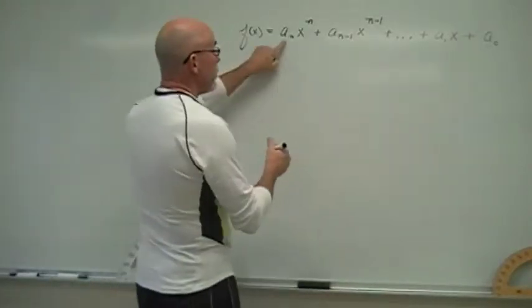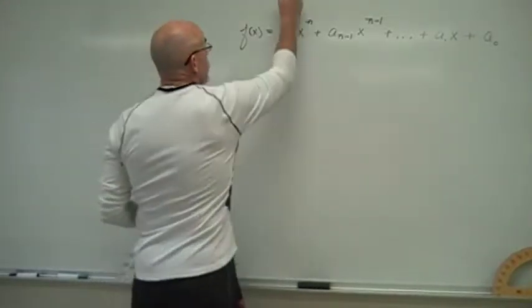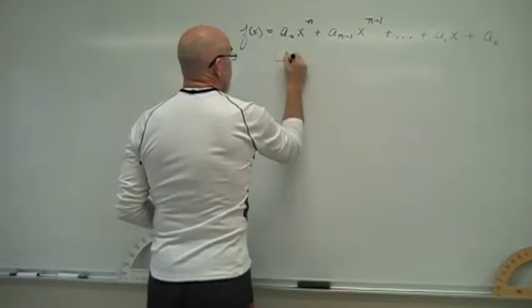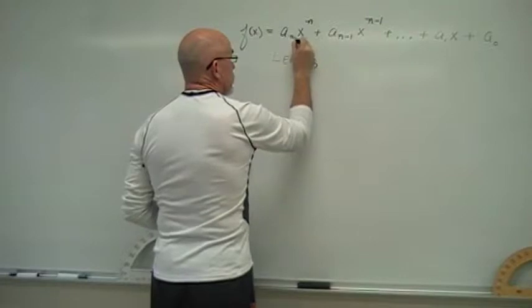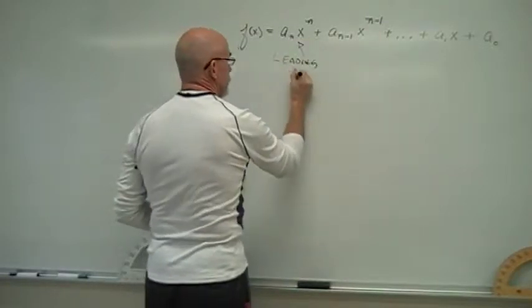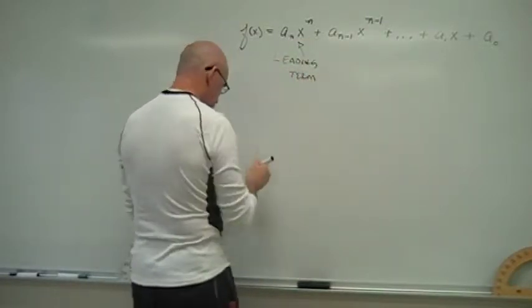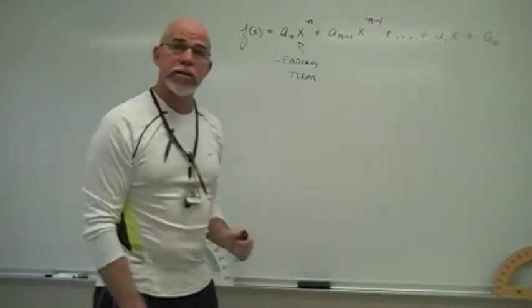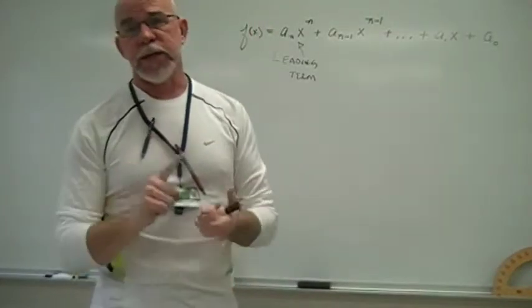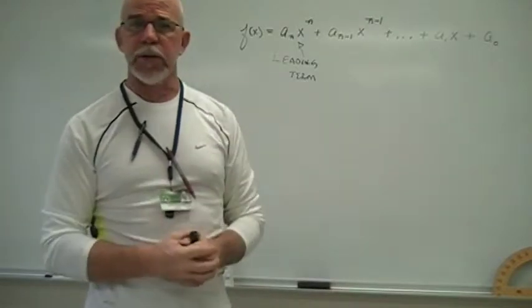So the degree of the polynomial is identified by its leading term, whatever that largest degree is. Well, believe it or not, you have been studying this in this course. We've looked at linear functions, that's polynomial.